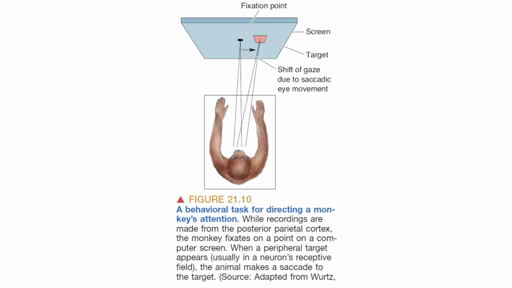The next one is, we change here. So far we were explaining experiments with humans and what we call non-invasive techniques like positron emission tomography and magnetic resonance imaging.